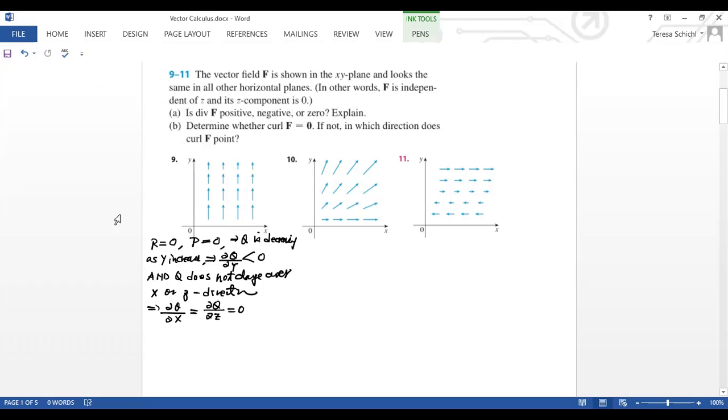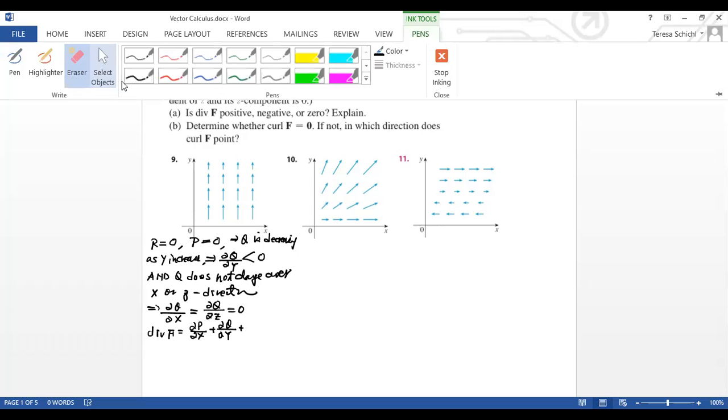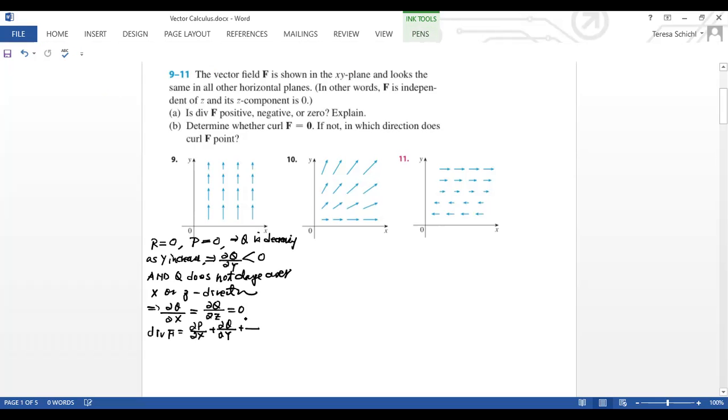Now let's take a look at the divergence. Based on the formula, we have the partial of P with respect to x, plus the partial of Q with respect to y, plus the partial of R with respect to z.